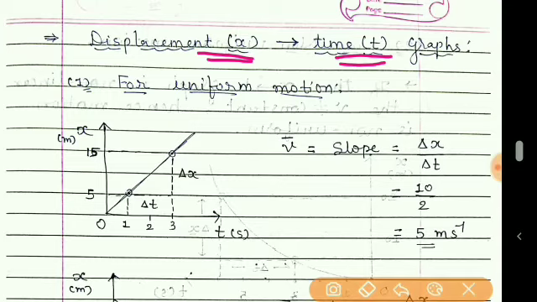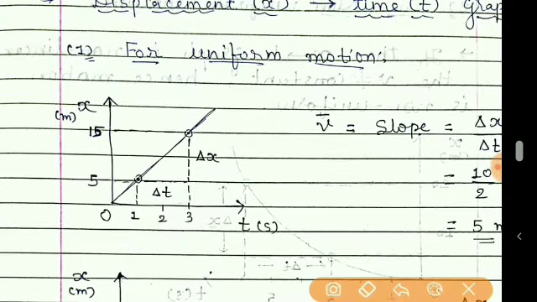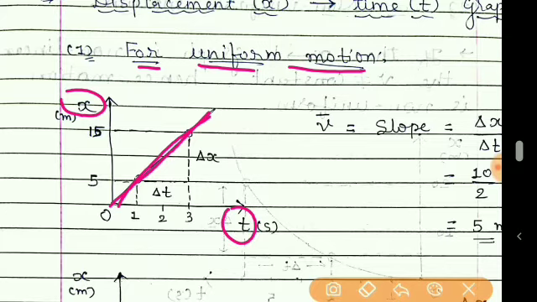So now representing this velocity in terms of graph for uniform motion, if we draw the position time graph, then we will get a straight line, and if the straight line is there, then the motion is considered uniform motion. That means at any time interval the velocity remains constant.